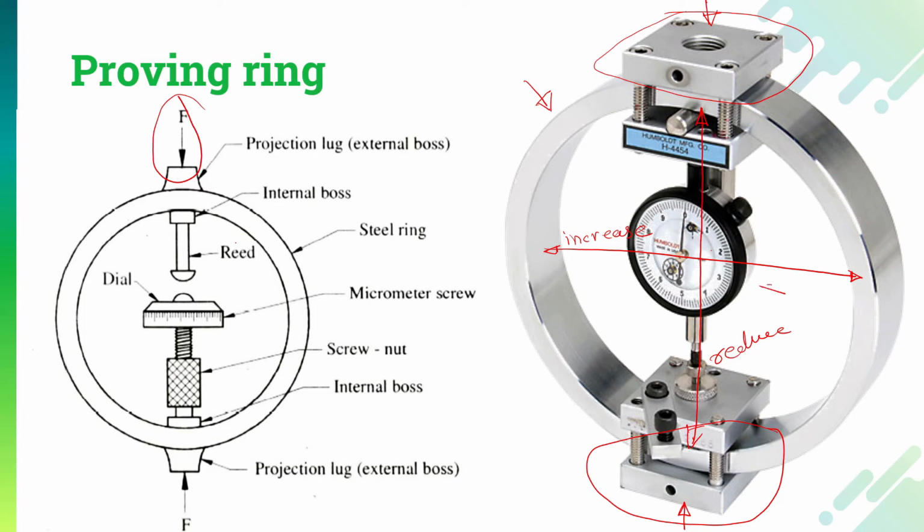Over here, this is the dial indicator which measures the change in the dimension. Over here, a micrometer screw is used which will measure the change in the dimension. So there are a number of options by which I can measure the change in the dimension of the proving ring. And in the manufacturing industry, the proving ring is one of the most common instruments used to measure large forces.